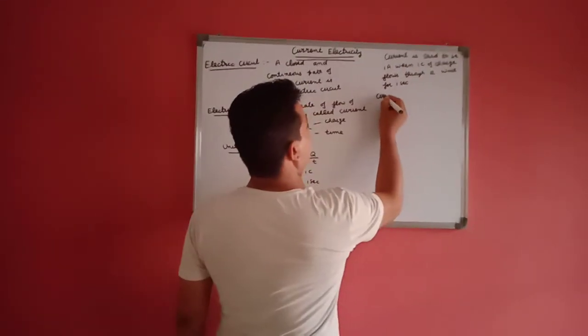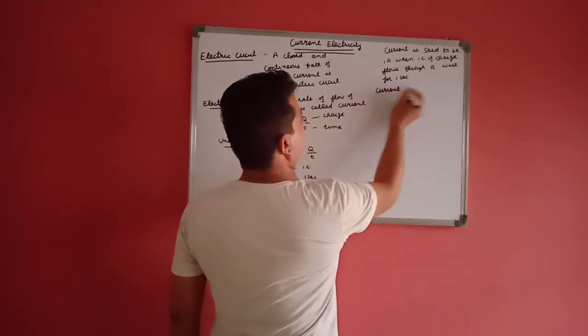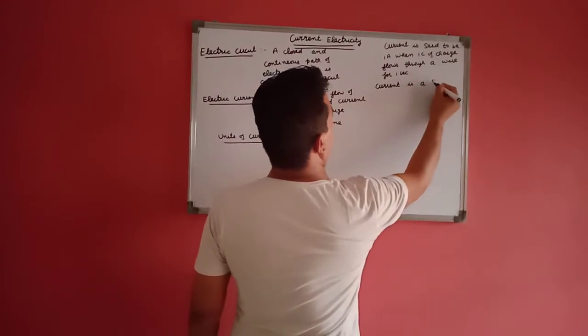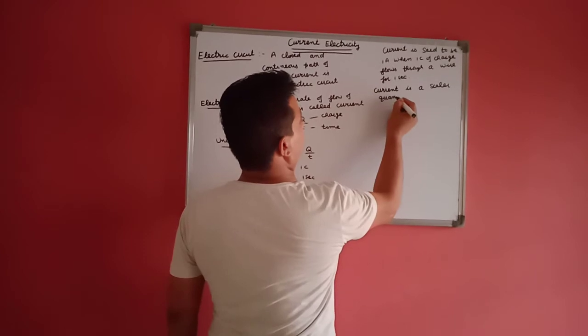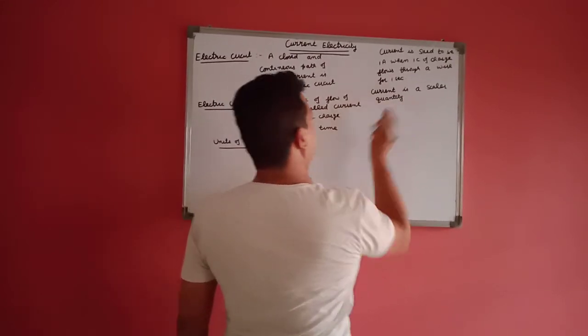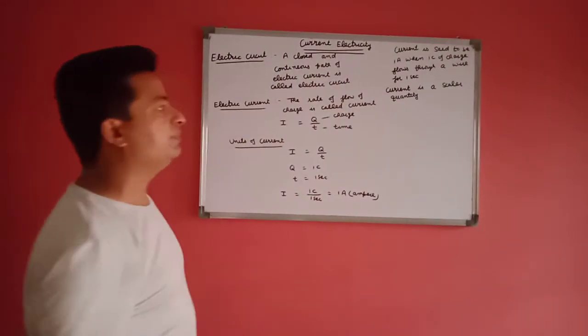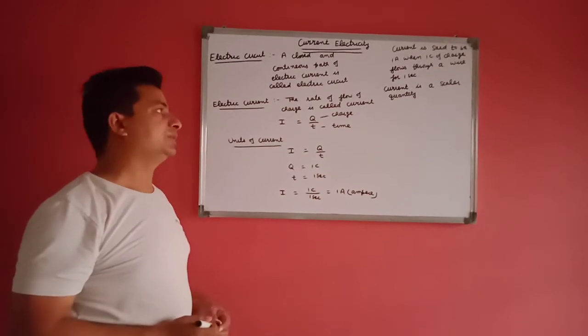Current is a scalar quantity. This means it has only magnitude, no direction.